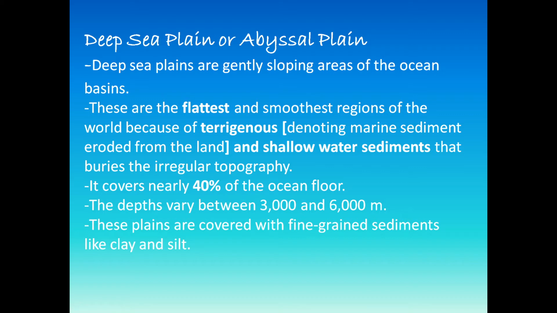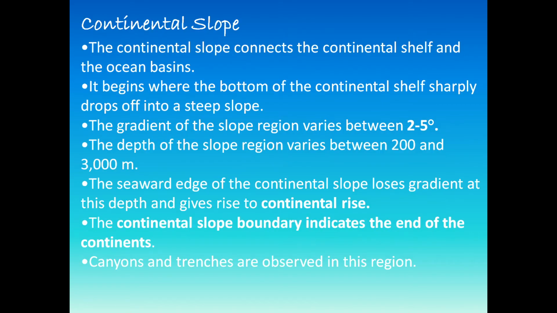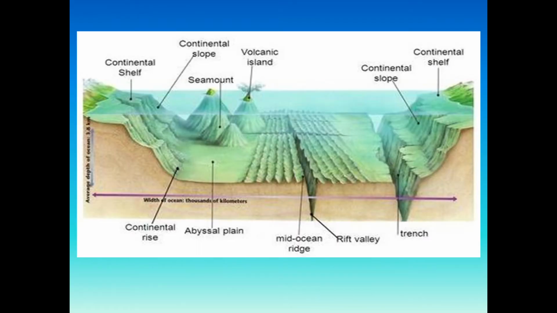Whenever we are talking about the depth of any feature, please remember we are calculating the depth of the feature from the level of the water. I'll show you how. When we say the abyssal plain is 3000 meters, then this is the sea level, so from sea level it is 3000 meters or 4000 meters.